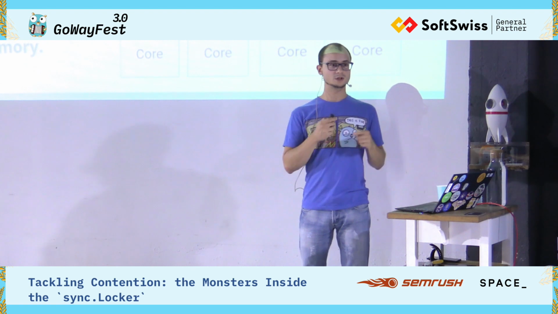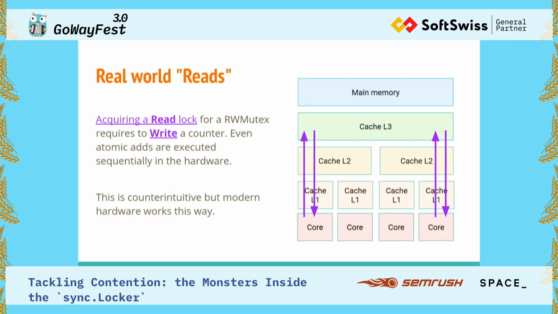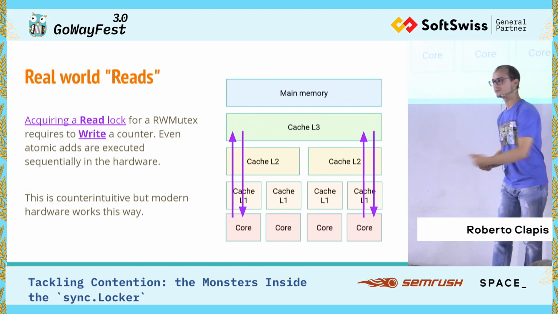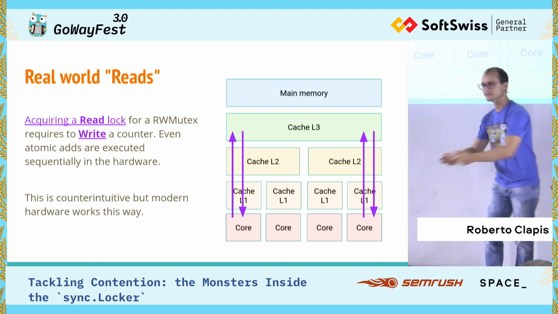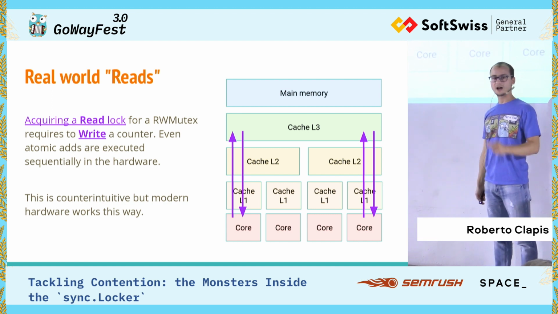But sometimes you have actual, real contention. So if you have a read lock, so read-write mutex, every time you need to acquire a read lock, you need to inform the lock, I want to read. So what you're going to do? You're going to write. So every time you acquire a read lock, you will write to memory.